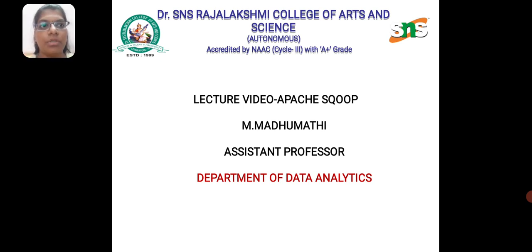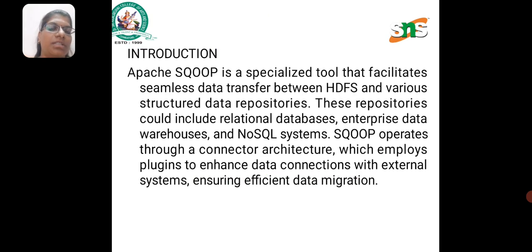Today I am going to talk about Apache Sqoop. Introduction. Apache Sqoop is a specialized tool that facilitates seamless data transfer between HDFS and various structured data repositories. These repositories could include relational databases, enterprise data warehouses, and NoSQL systems.